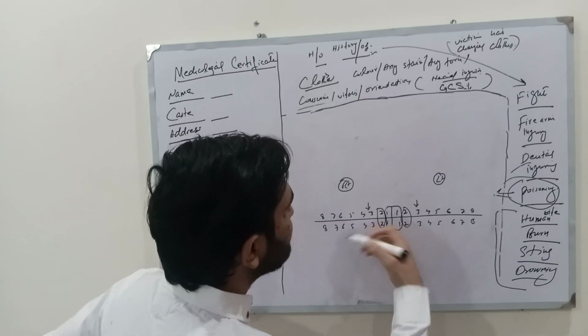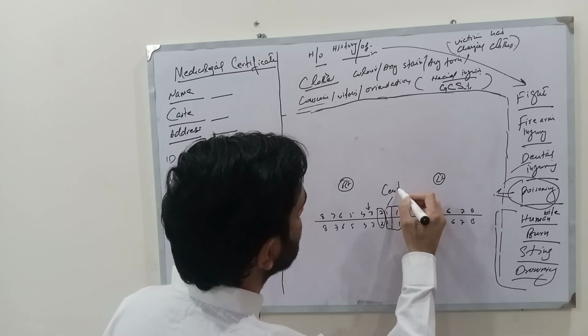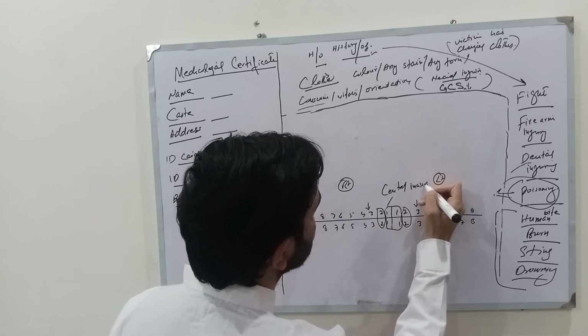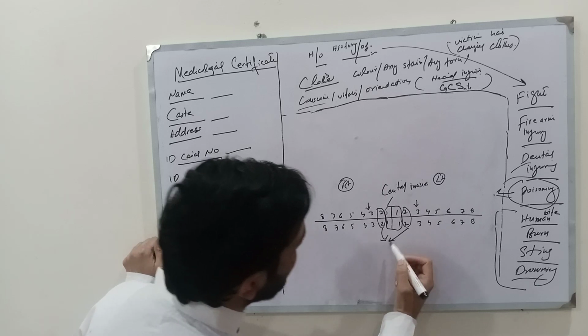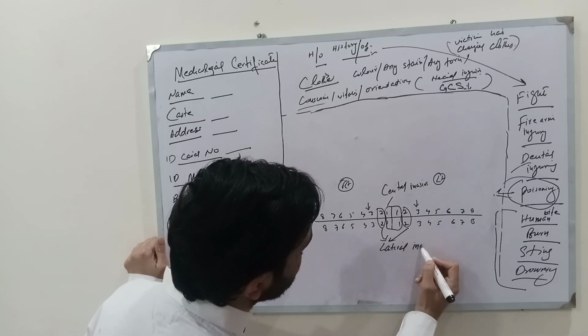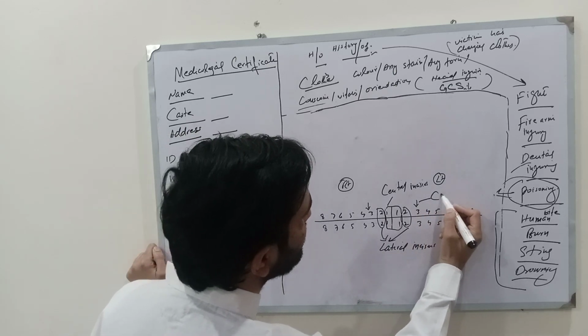So these are central incisors. These are lateral incisors. Canines.